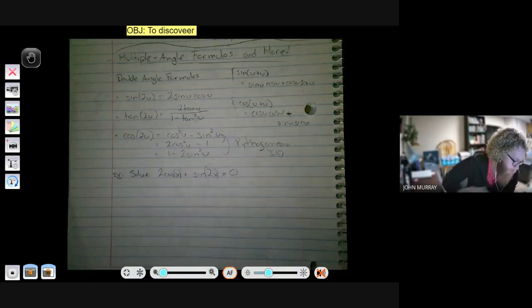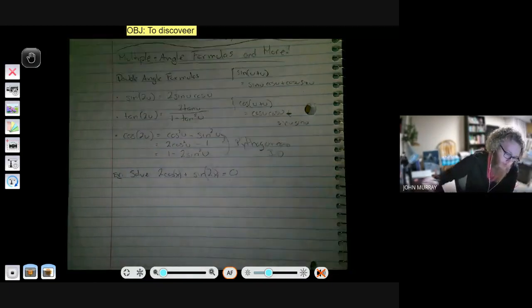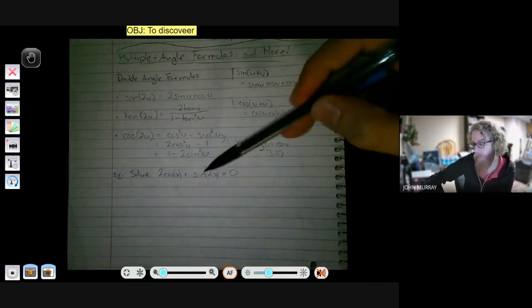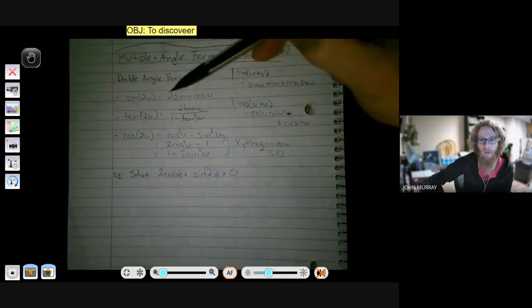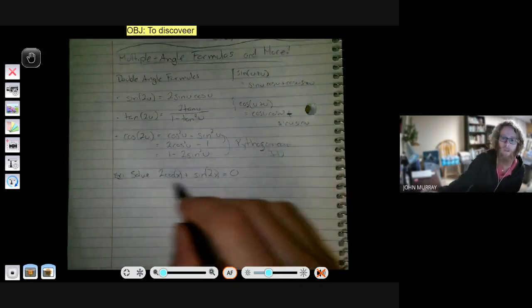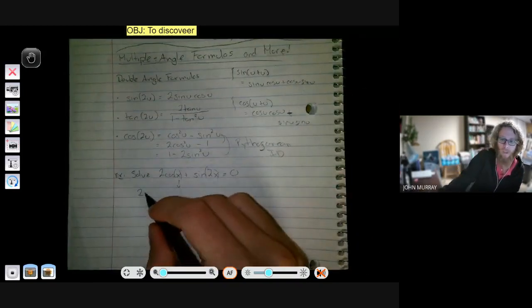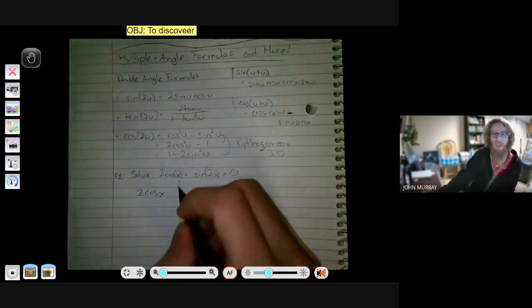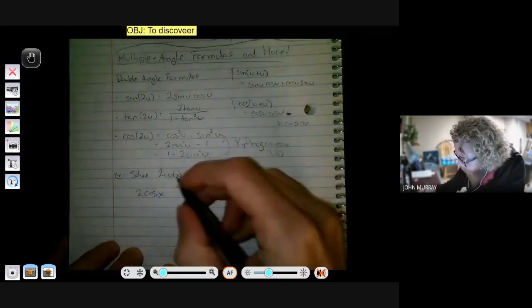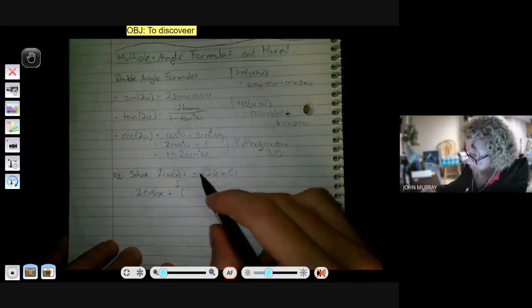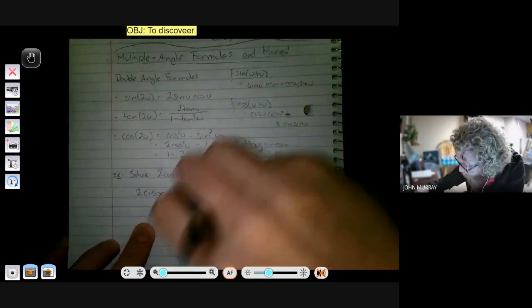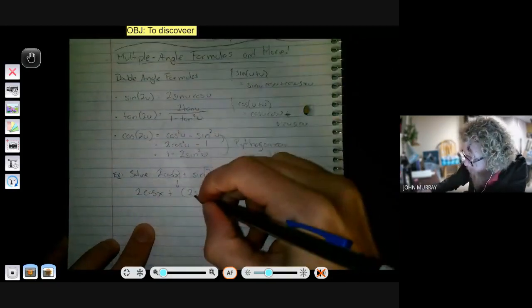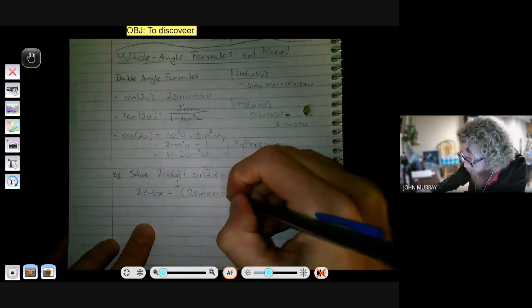So here, the first thing that we would do is replace this sine of 2x. I'm just going to replace it with what I see up here. So at first, I still have the 2 cosine x. That's not going to change. We're not touching that. Plus, the sine 2x is going to become 2 sine x cosine x.